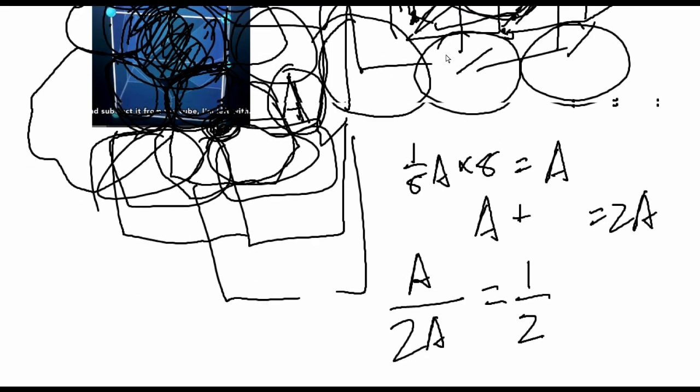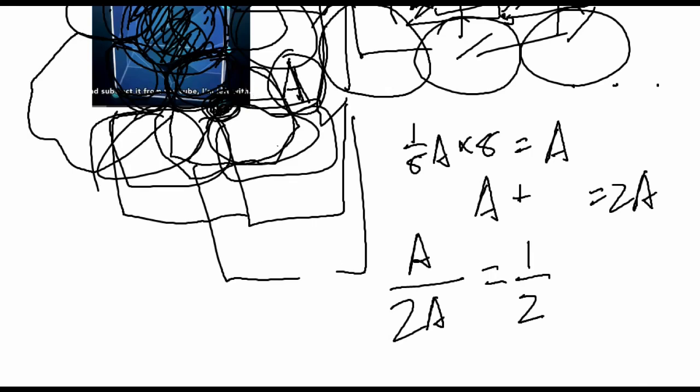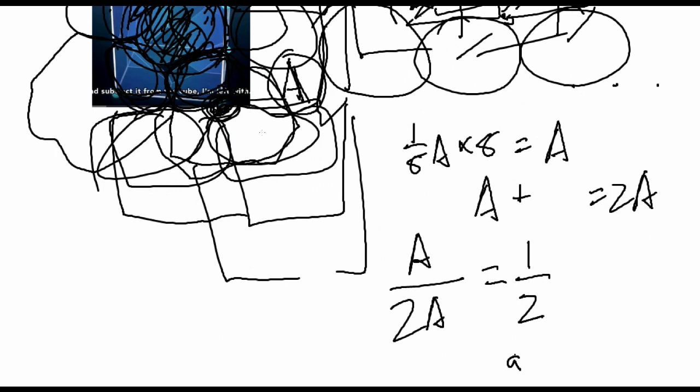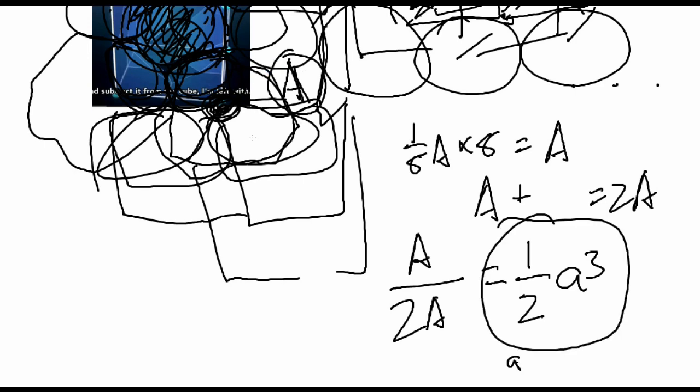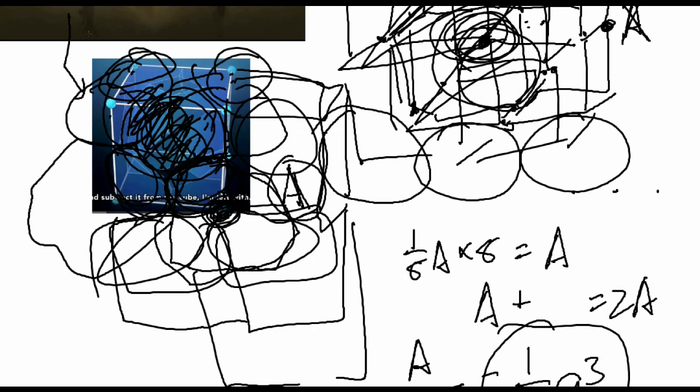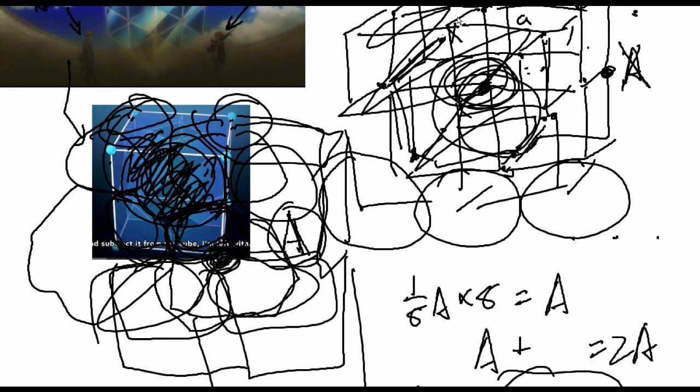And since I purposefully wanted it to be confusing, I labeled the side length as lowercase a, and the volume of the cube is a cubed. So that's the answer, a cubed over 2. Literally half of the volume of the cube, which is much simpler than you'd think this complicated shape would take up. It might have taken up like 1/3 or 1/6. No, it's actually just 1/2.